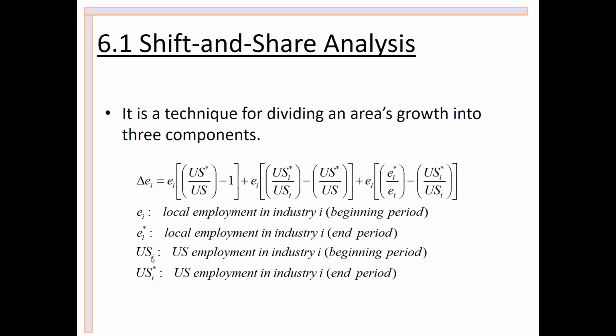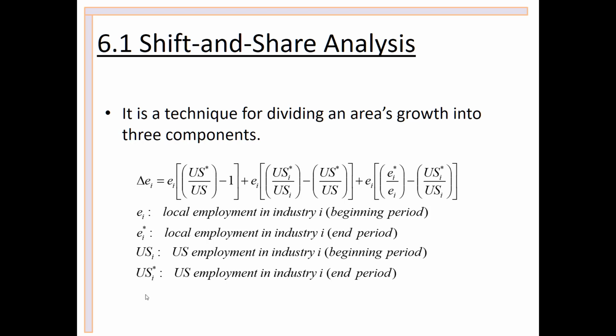So this, without a subscript I, just means total overall employment in US. This is in the end of the period. This is in the beginning of the period. Here, it's employment in US, but in that industry I you're talking about, for instance, agriculture. That will be the end of the period, beginning of the period.